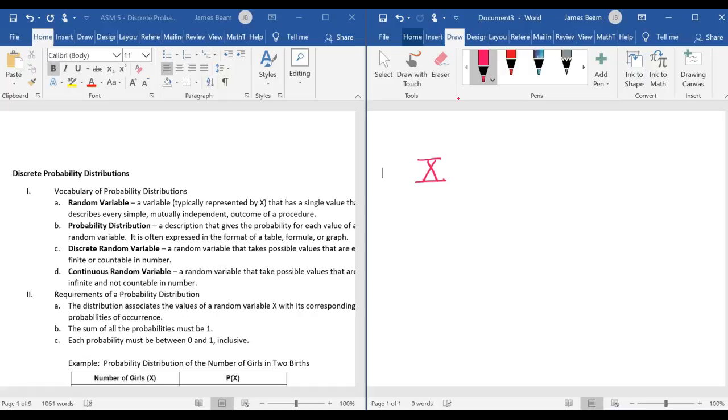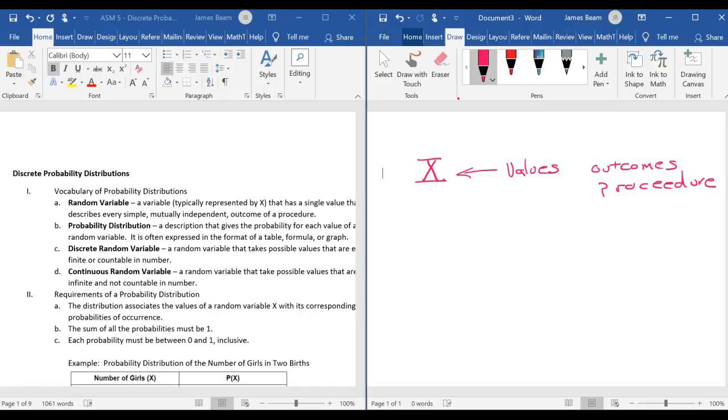So this is like a container, and into this container you can put certain values that represent the outcomes of a procedure. Okay, so you do a procedure, this is a possible outcome that can be in there. So like, let's say you are holding an election, and we have two possible candidates, one Trump, one Biden, and here the X can contain either Trump or Biden.